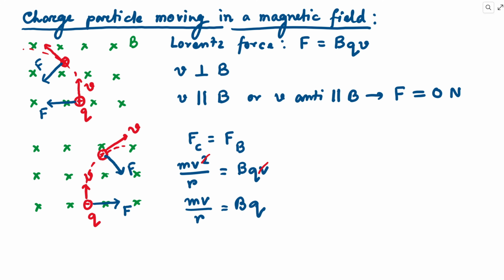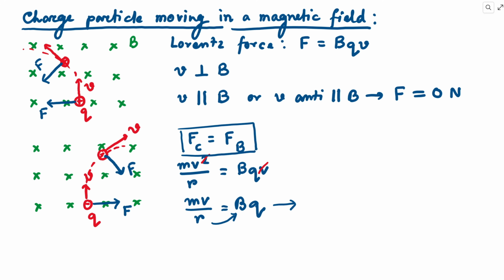So to get the different parameters of the circular trajectory of a charged particle moving in a magnetic field, we can use this relationship, that the centripetal force here is provided by the Lorentz force, and then simplify it to get different quantities. For example, if I want to work out the radius of the circular trajectory, then I can rearrange this relationship and solve for r.